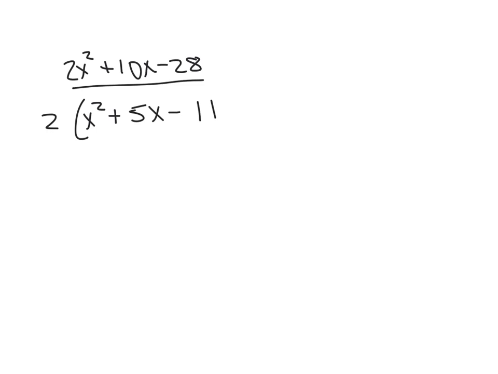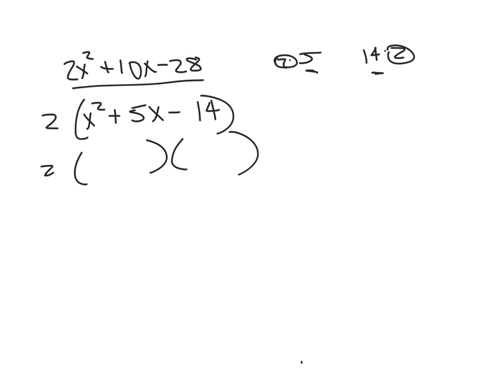And I'm assuming you know what I did there. I took my 10 and made it 2 times 5, and took my 28 and made it 14 times 2. So I factored the 2's out of there and was left with a 5 and a 14. Alright, so the 2 just kind of gets drug along.